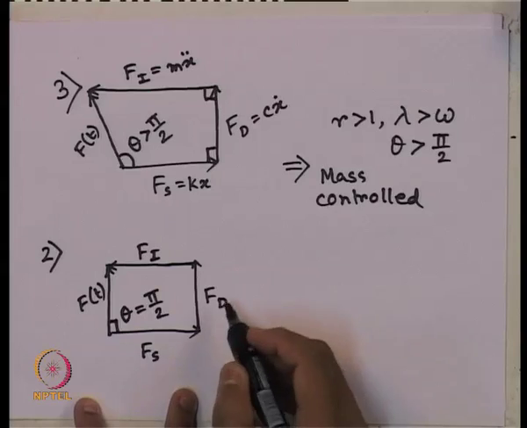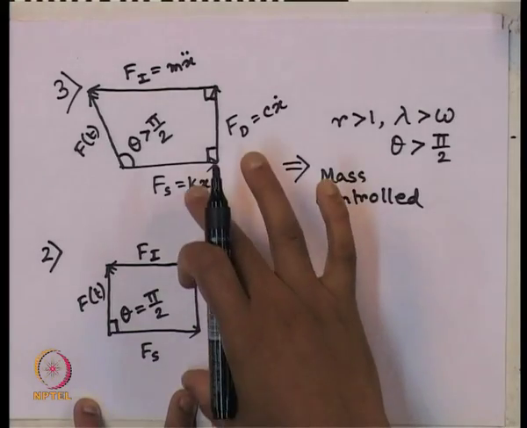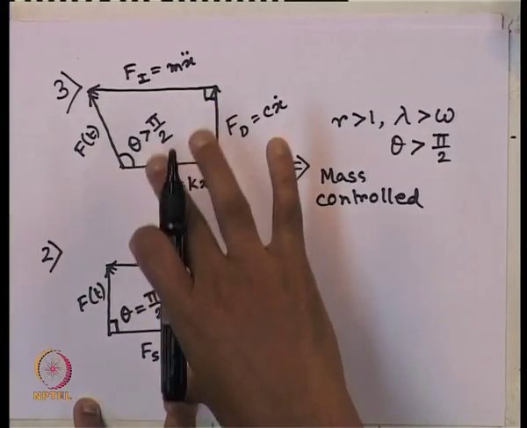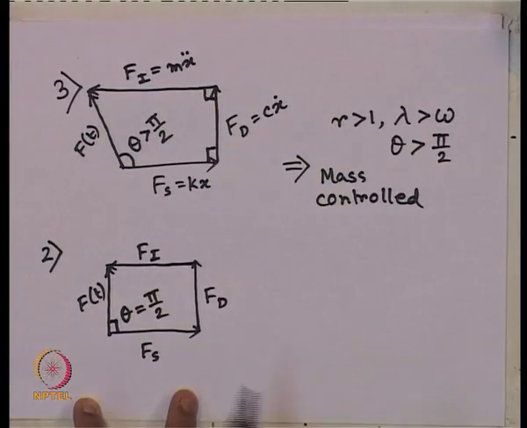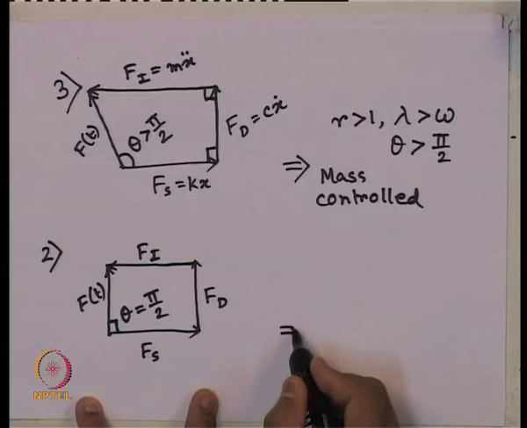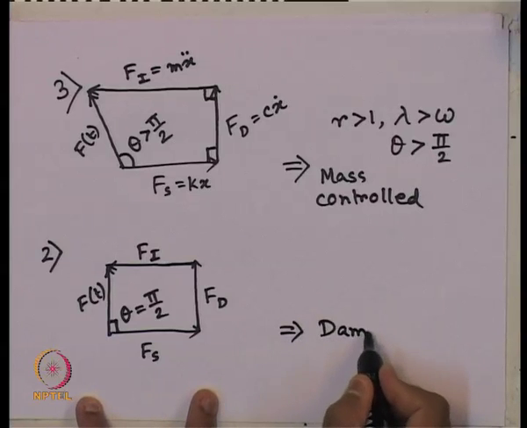This will actually be the damper controlled zone. As you have a control on this damping force, theta still remains pi by 2. So, the remaining one is the damper controlled zone.